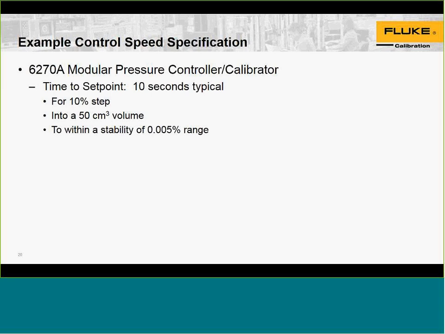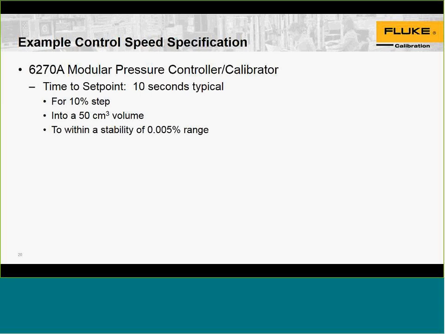For example, to the specification, the time to set point will be 10 seconds, which is typical, for a 10% step in pressure change into a 50 cubic centimeter volume to within 0.005% of range. And it could change to a larger value or even smaller value depending on the excursion step.